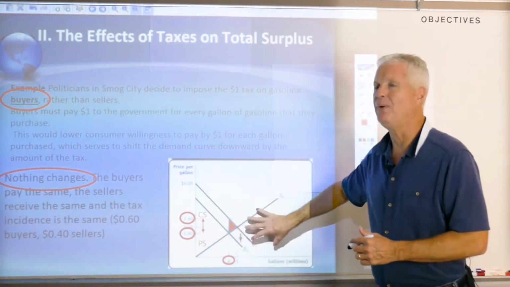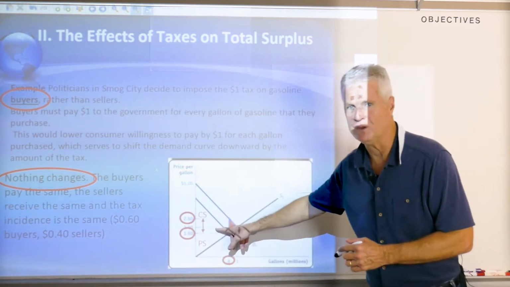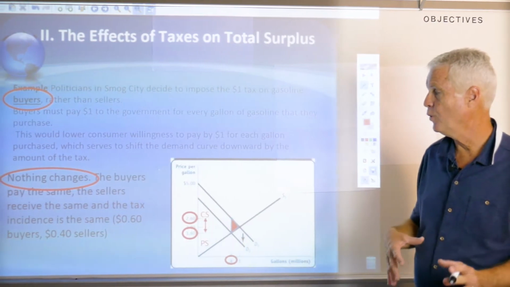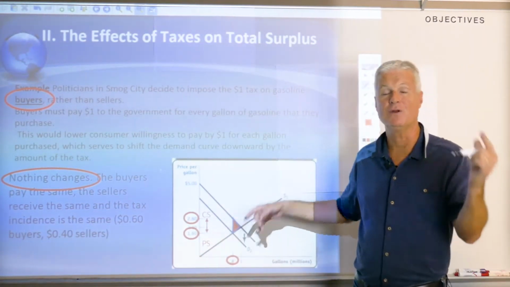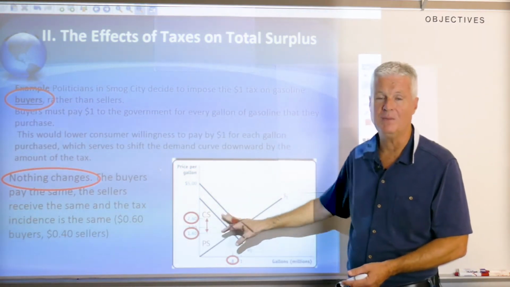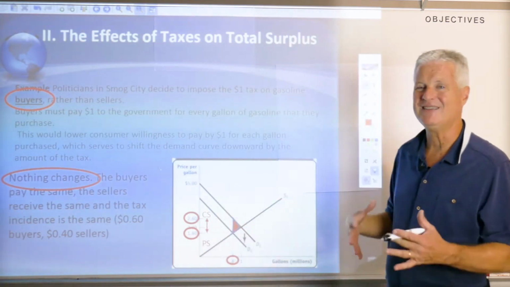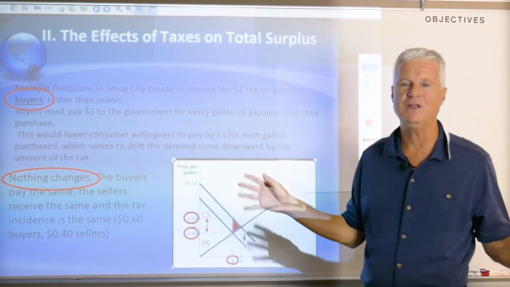Okay, what if the buyers paid the tax? Well, if the buyers paid the tax, it would reduce demand. What would we end up with? Well, we'd end up exactly the same place. It doesn't matter whether the tax is on sellers or on buyers, except you're going to shift demand for buyers, supply for sellers, but you get to the exact same spot. 800,000, 260, 160, nothing changes.